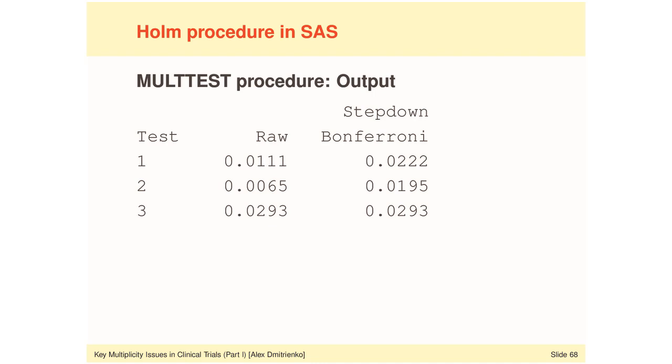With a one-sided alpha of 0.025, we see immediately that the Holm procedure rejects the first two null hypotheses in this trial, but it cannot reject the third hypothesis, because the adjusted p-value is greater than 0.025. So the conclusion is that with the Holm-based multiplicity adjustment, there is evidence of a statistically significant effect at doses 1 and 2, but not at dose 3.